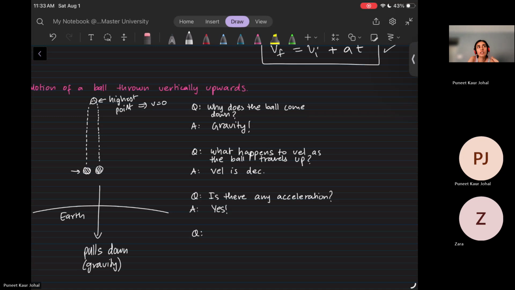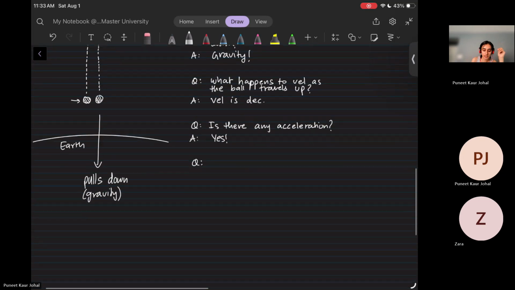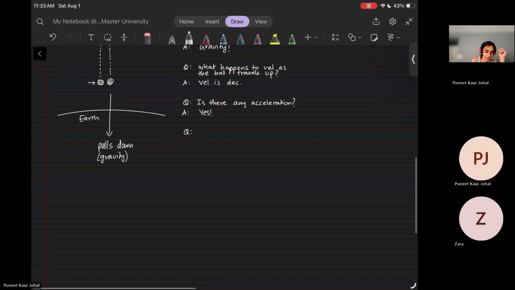It does slow down. The reason it does that is there's gravity. If there was no gravity and you threw the ball up, it would continue going up forever because there was nothing to stop it or slow it down. This brings me to Newton's first law of motion, actually. It's interesting.